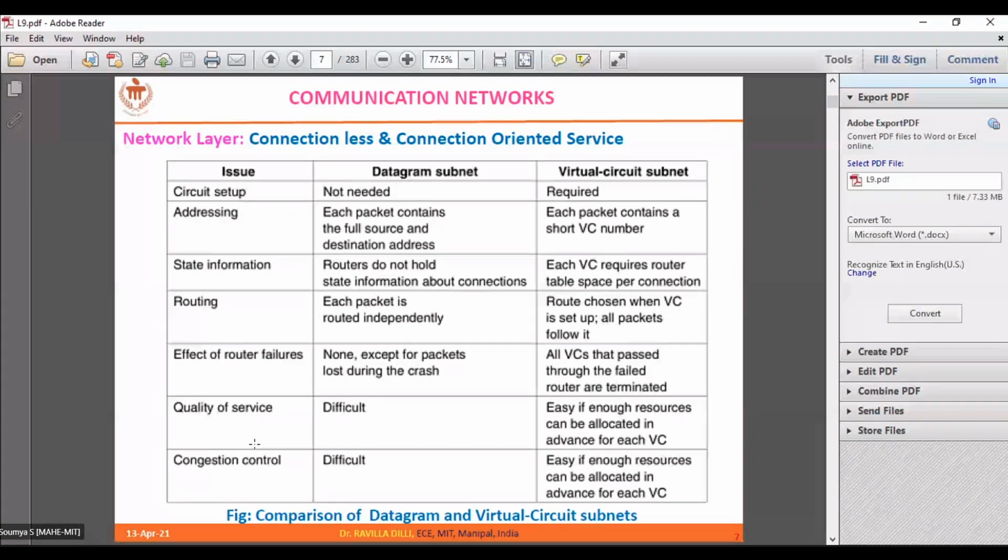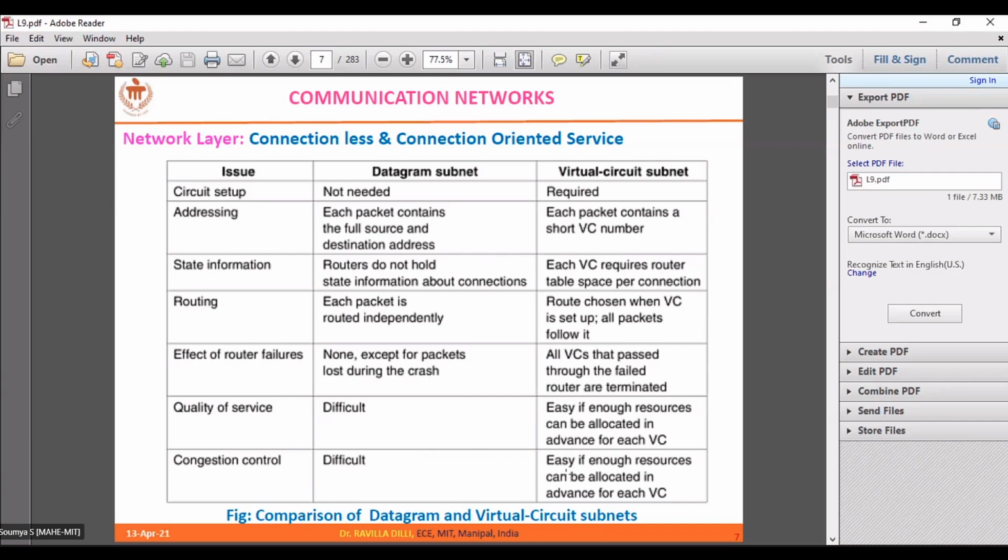What is the quality of service that you can expect in a datagram circuit? It is difficult to answer. You may get good quality of service, but it is difficult to achieve a very good quality of service. But what happens in a virtual circuit subnet? It is better. It is easily achieved if there are enough resources that can be allocated.